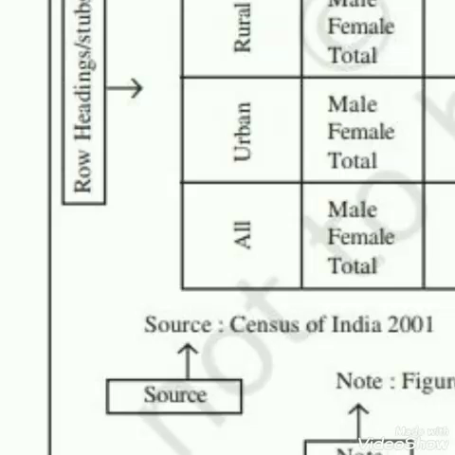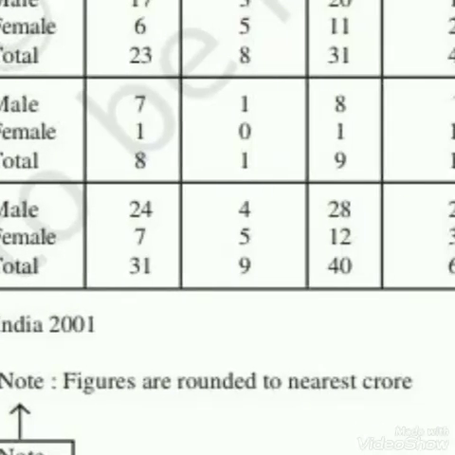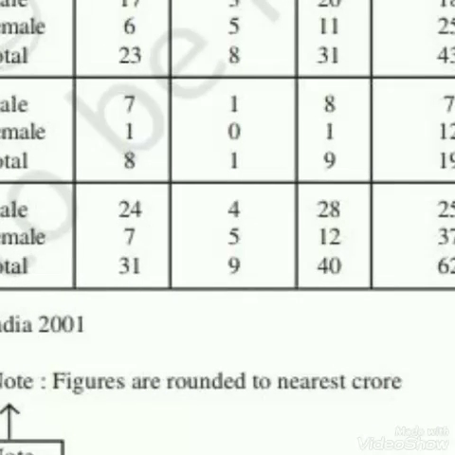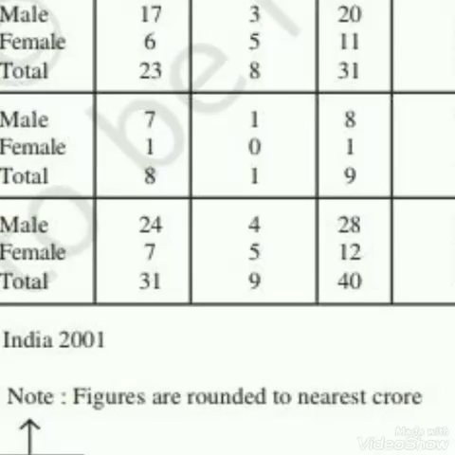Then the note: figures are rounded to the nearest crore. This note tells us that all the figures are rounded to the closest crore. This was an example to mention all the parts in a table.